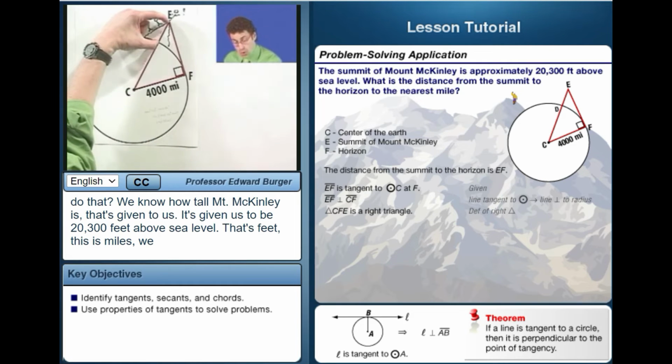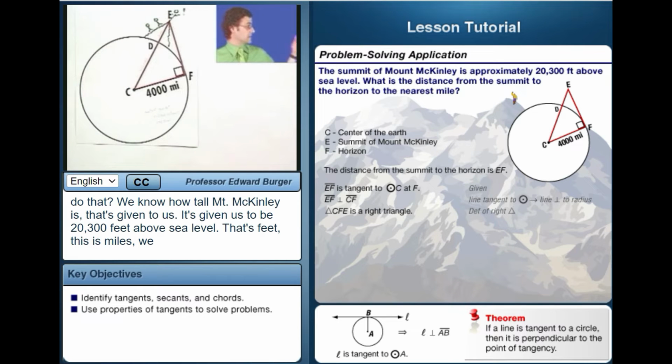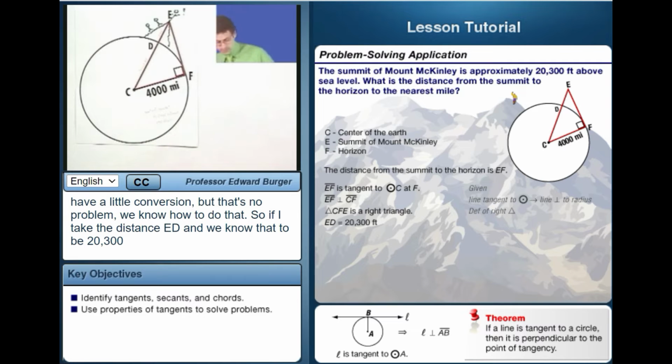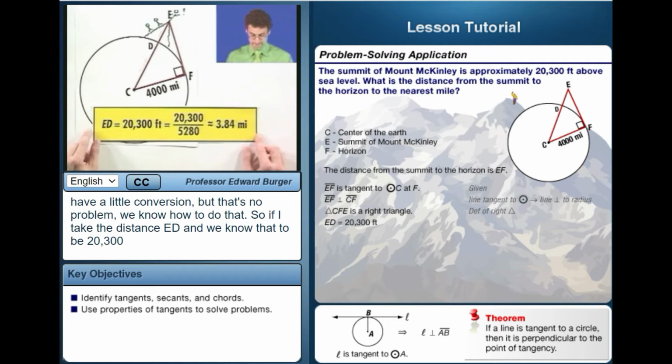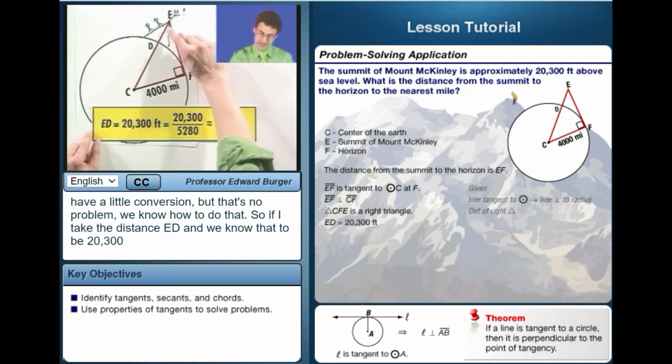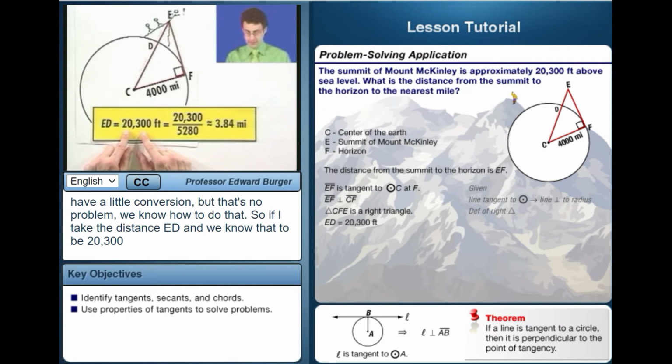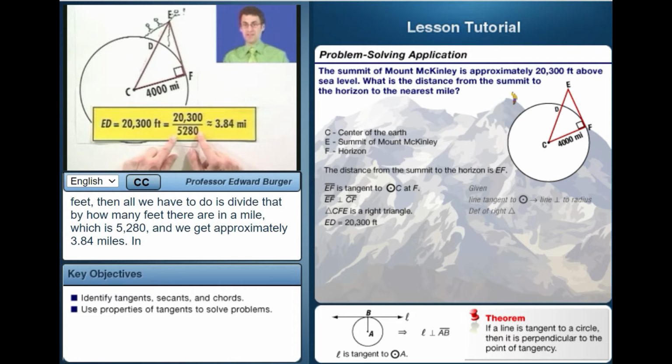Well, we actually know how tall Mount McKinley is. That's given to us to be 20,300 feet above sea level. Now, that's feet. This is miles. We have a little conversion, but that's no problem. We know how to do that. So if I take the distance ED, and we know that to be 20,300 feet, then all we have to do is divide that by how many feet there are in a mile, which is 5,280, and we get approximately 3.84 miles.